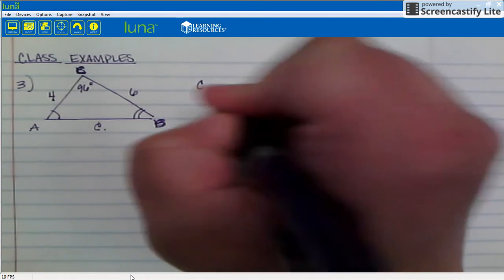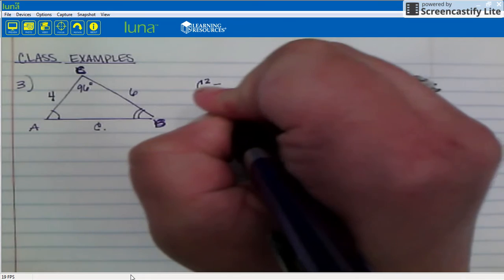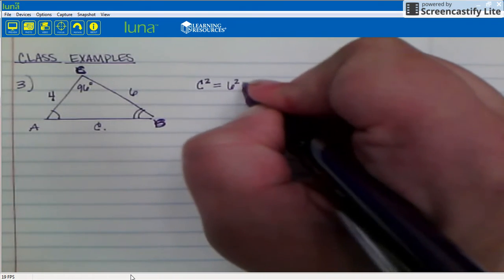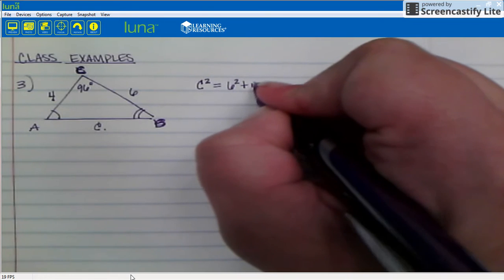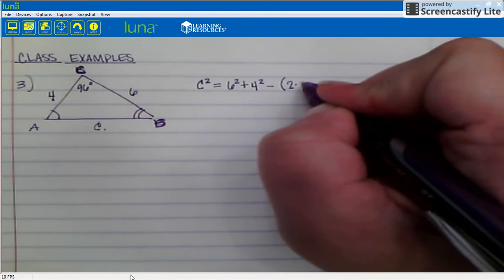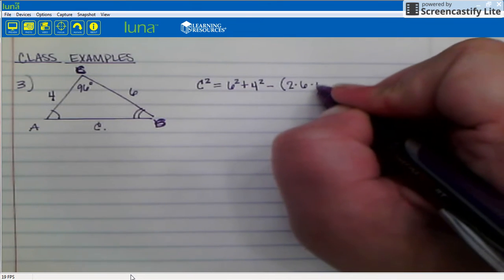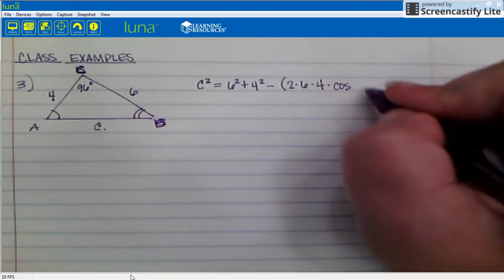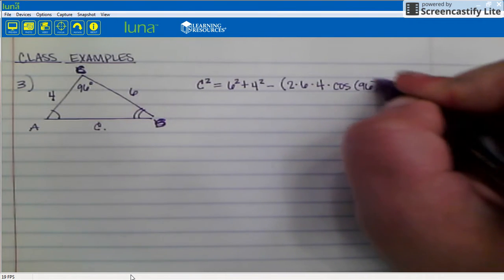So I have little c squared is equal to a squared plus b squared minus 2 times a times b times the cosine of 96.